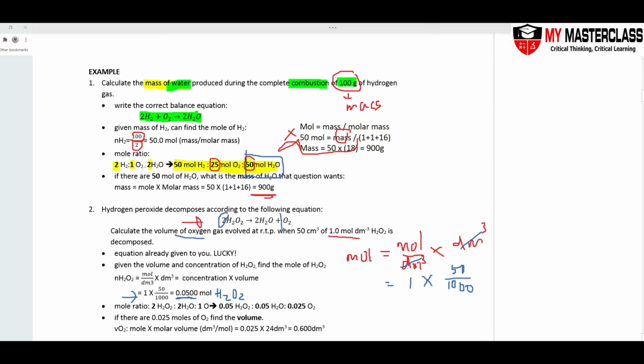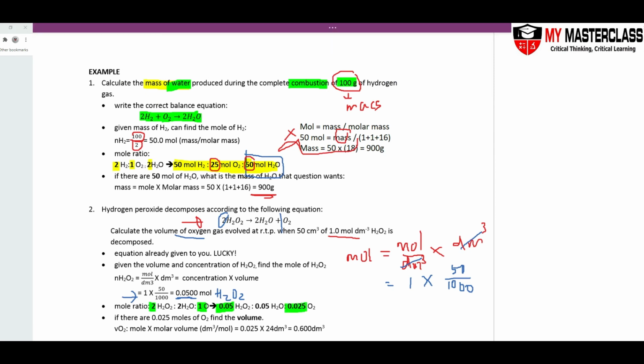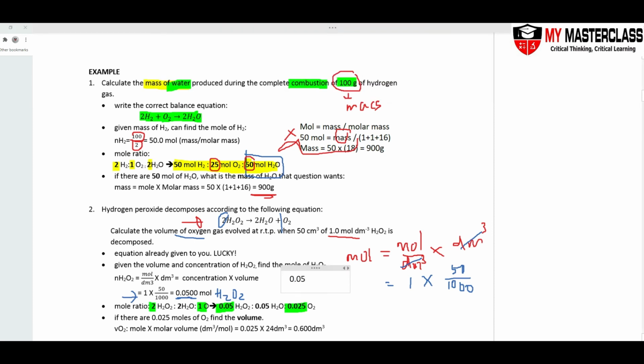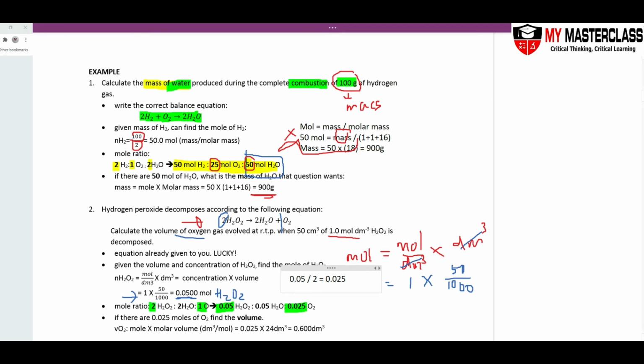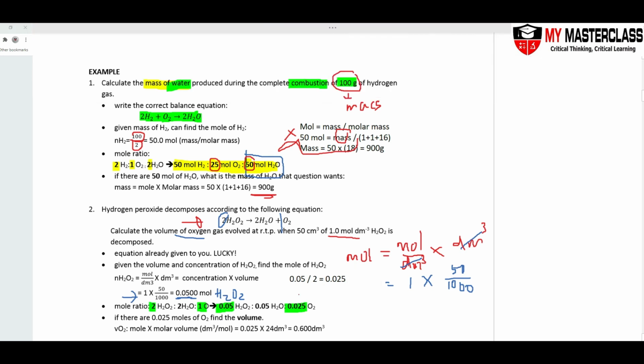Looking at the ratio again, 2 units is 0.05, then 1 unit of O2 is 0.025. How did I get 0.025? 0.05 divided by 2, because 1 unit. 2 units, 0.05, 1 unit, 0.025.